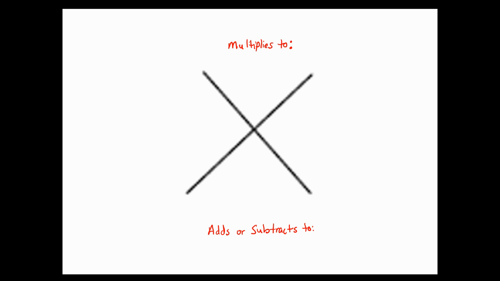Okay? So the top number is what it multiplies to, and the bottom number is what it adds or subtracts to. The multiplies is on the top, the add or subtract is on the bottom. And then we'll talk about the sides in just a minute, okay? But right now we're just talking about the top and the bottom of the X.